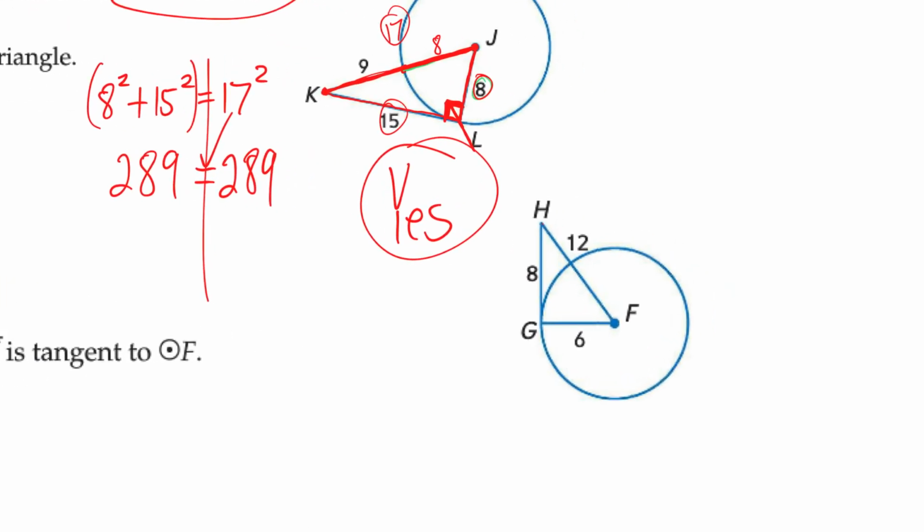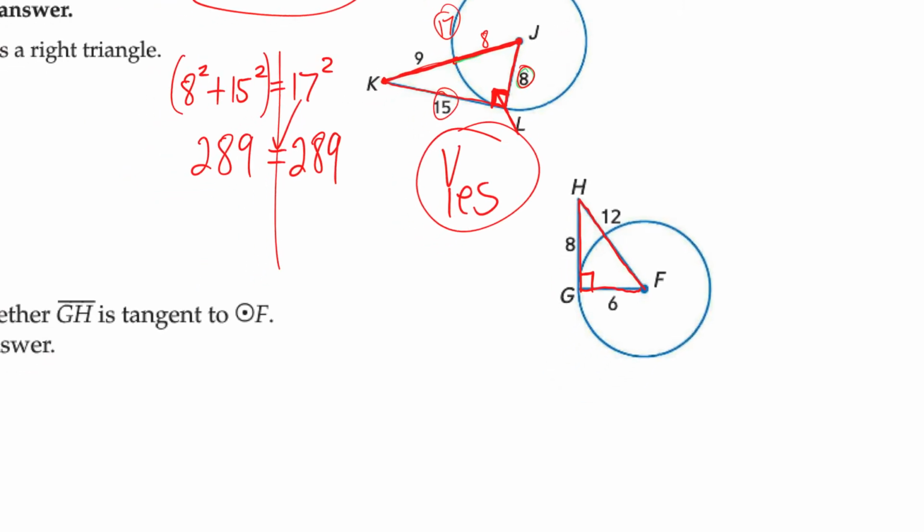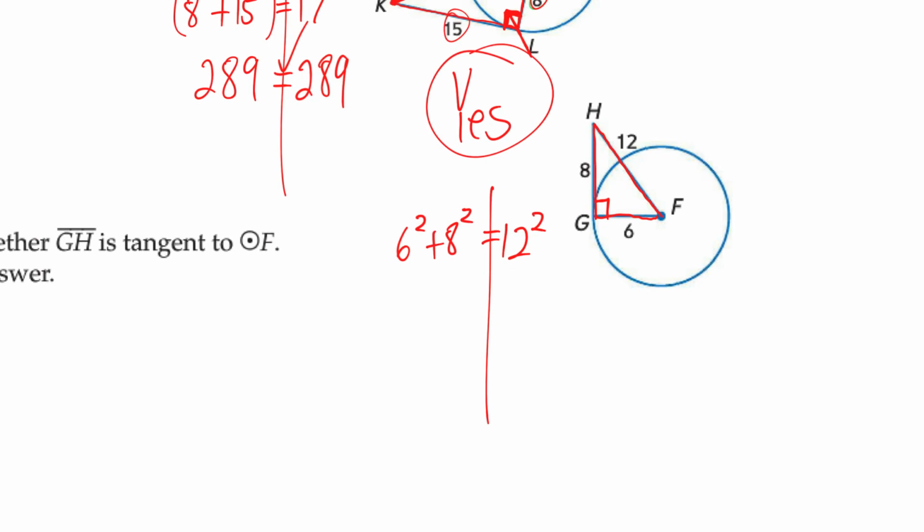Okay, this one's confusing, but this 12 is talking about this whole thing right here. On your assignment, you'll be able to tell what they mean. So that's 12, this is 8, this is 6. We want to know if HG is tangent. So is this a 90-degree angle right here? Which one of those is going to be my C? 12. So 6 squared plus 8 squared equals 12 squared. Is that true? 6 squared plus 8 squared is 100.